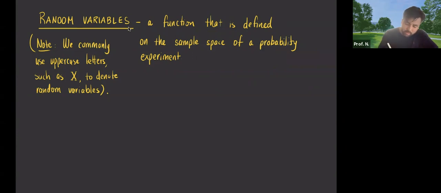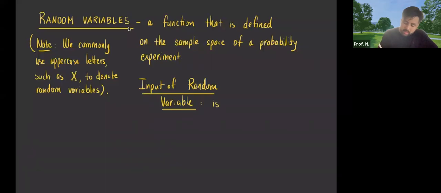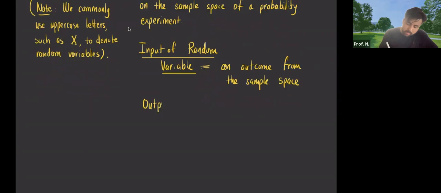The input of a random variable equals an outcome from the sample space, and the output of a random variable is simply a number.